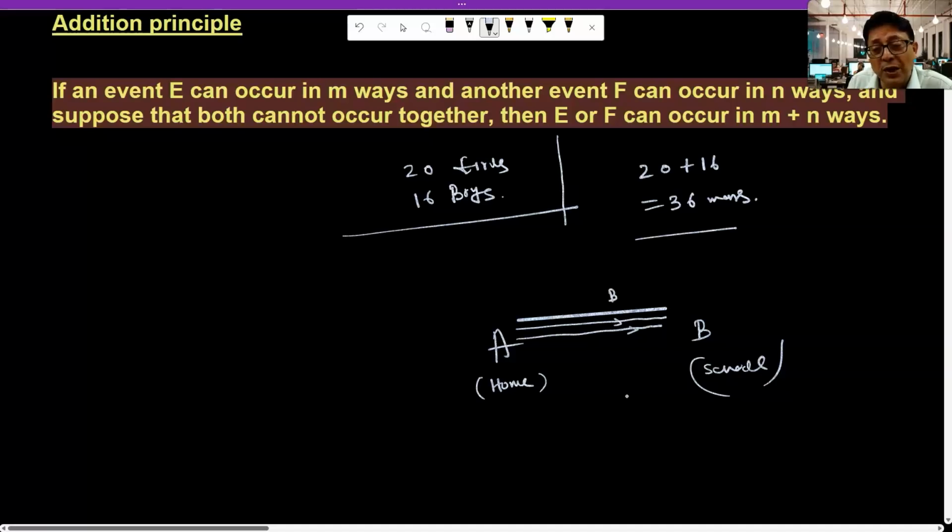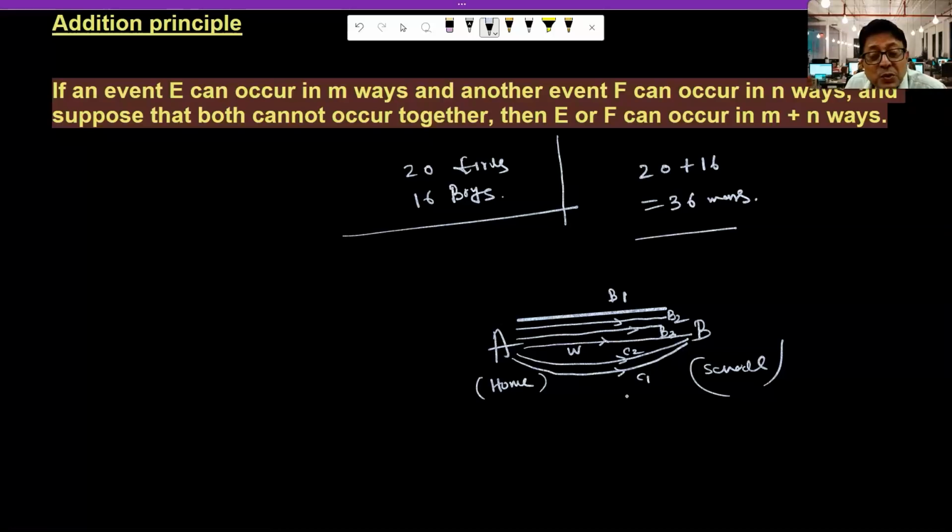This is bus 1, bus 2 and bus 3. There are 2 car routes. Sometimes they coincide, but I am assuming that those are distinct. And one way is there, you can reach by walking. Okay. So how many routes are there? In total 1, 2, 3 here. This is another one by walking, and these are car routes.